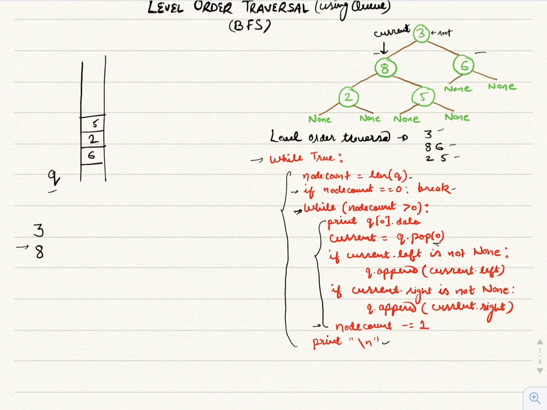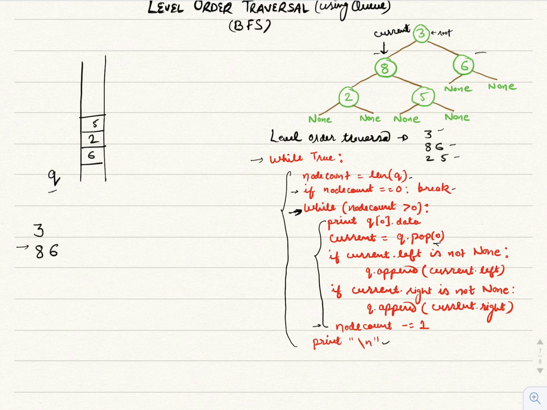Now the node count will get reduced by 1. Now the node count is 1; previously it was 2. So now this condition will again work. We'll print the first element of the queue's data. The first element here is now 6.